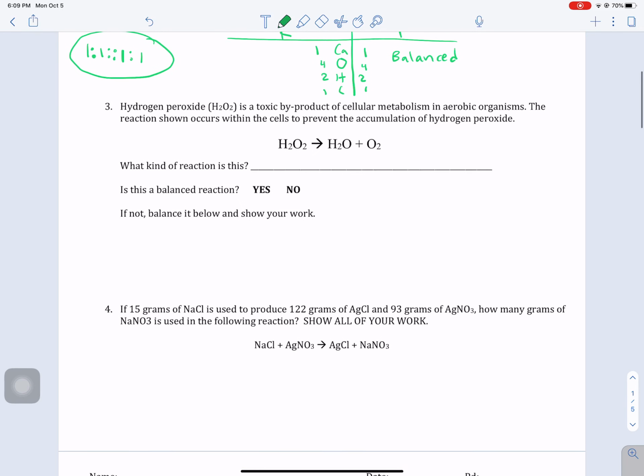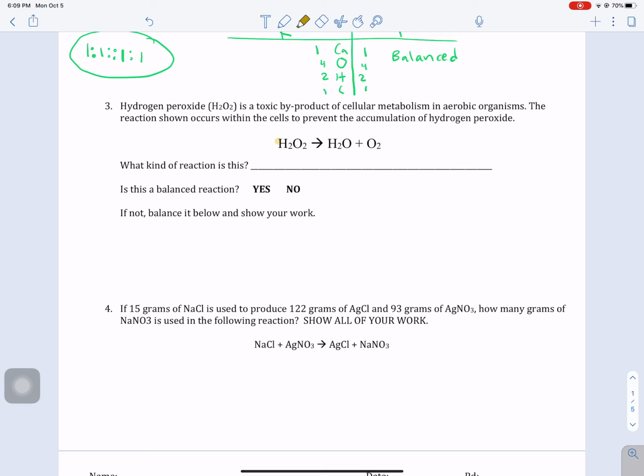Okay, so number 3, we're talking about peroxide. Peroxide is a byproduct of cellular metabolism in aerobic organisms. The reaction shown occurs within the cells to prevent accumulation of hydrogen peroxide. It asks, what kind of reaction is this?